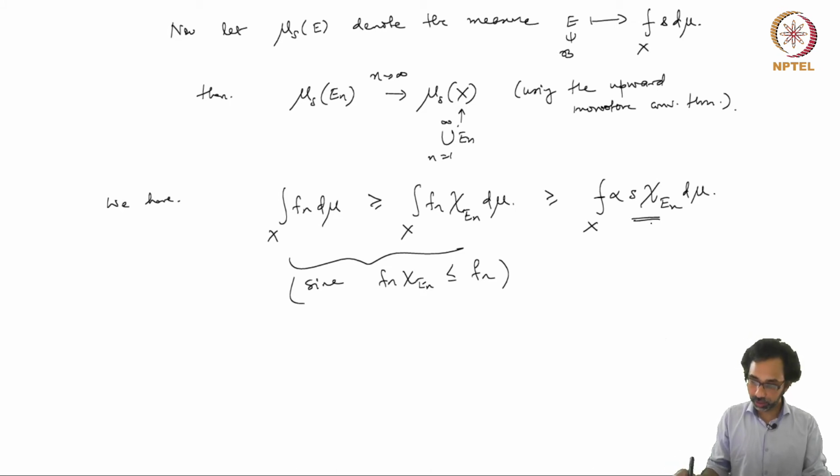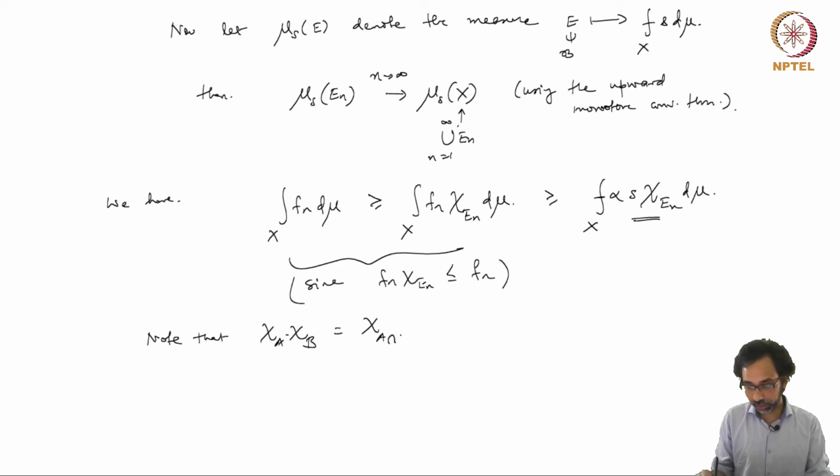Now this is a simple integral, because we have a simple function s chi_{E_n}. But note that if you take the indicator functions chi_A and chi_B of two sets A and B and multiply them, then this is the indicator function of the intersection.